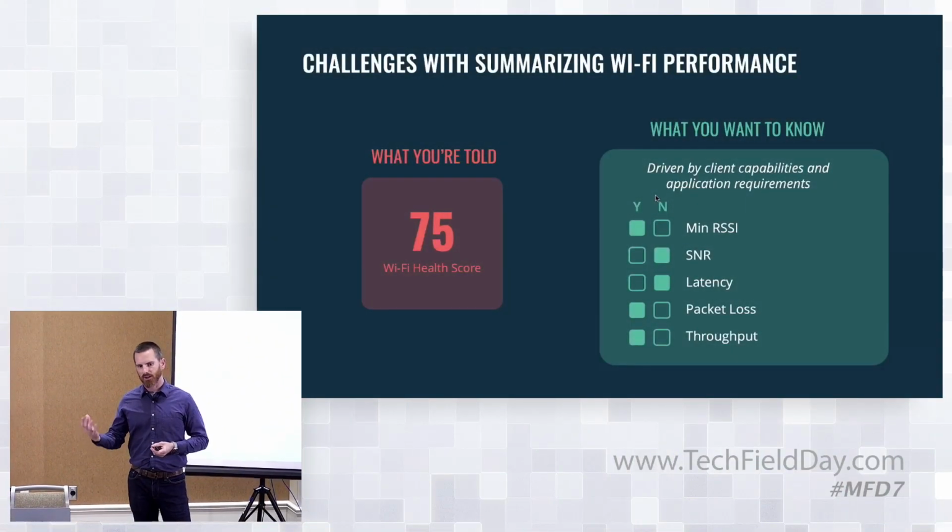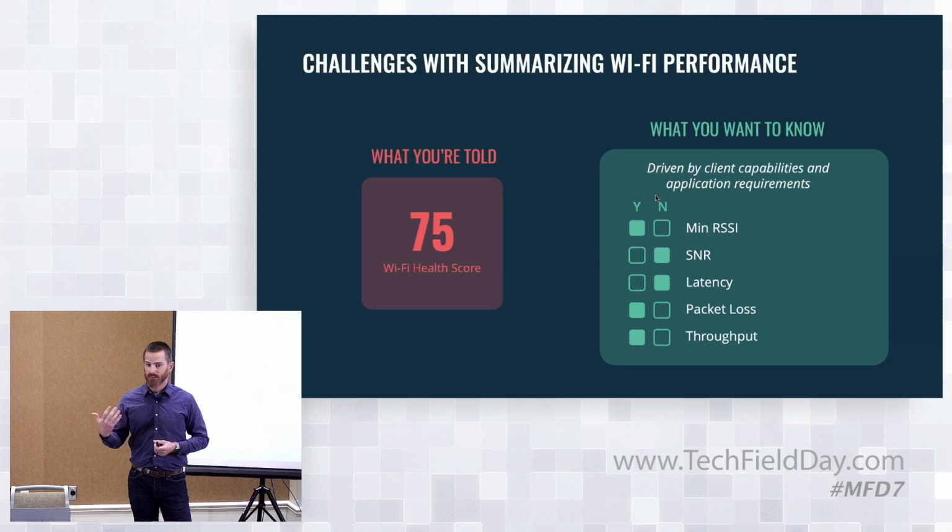So, for example, a Wi-Fi health score that's scored from 0 to 100. I don't know what that means. If it's 100, I assume that's really good and everything should work. But if it's in between somewhere, is that good? What do I need for voice on this device in this network, for example?